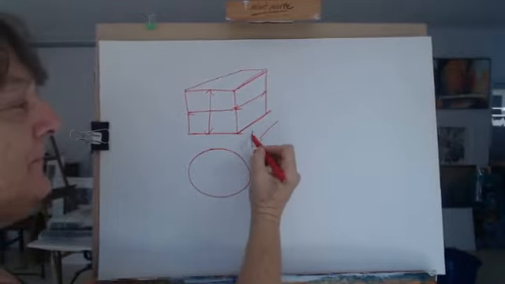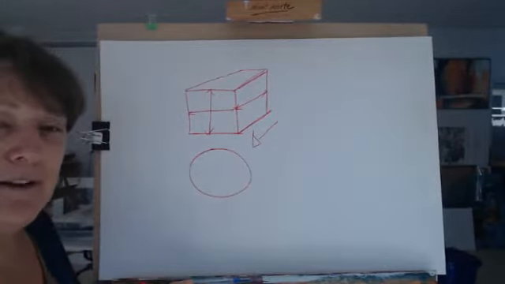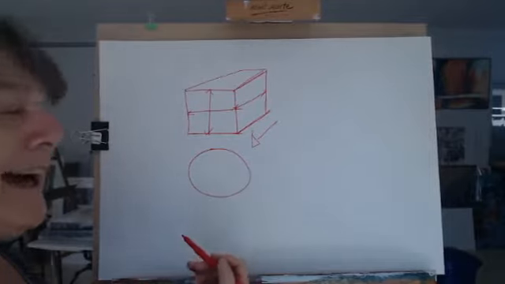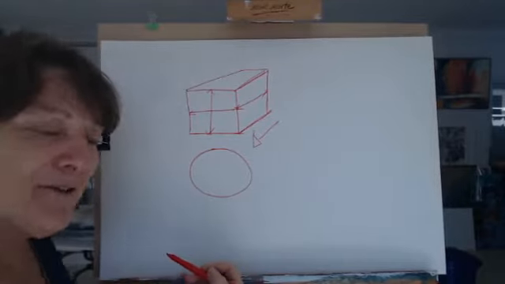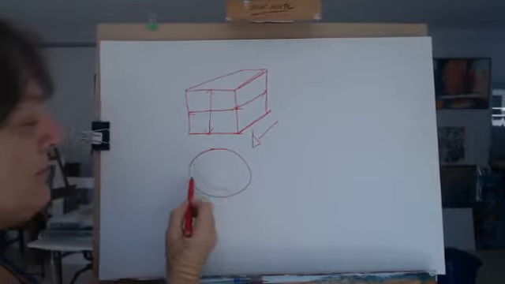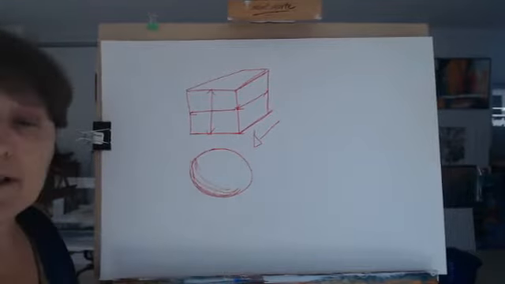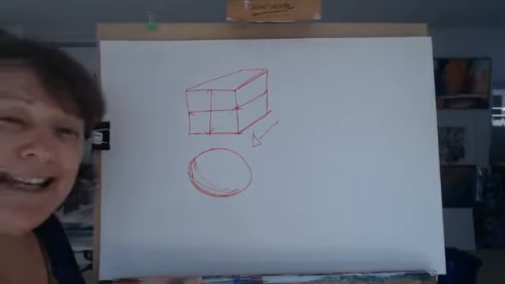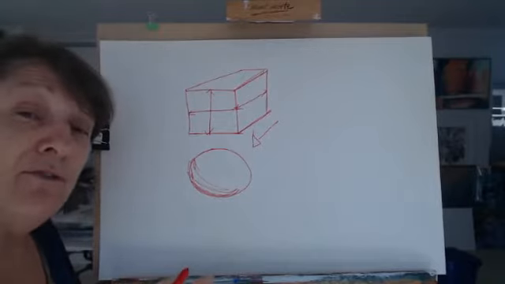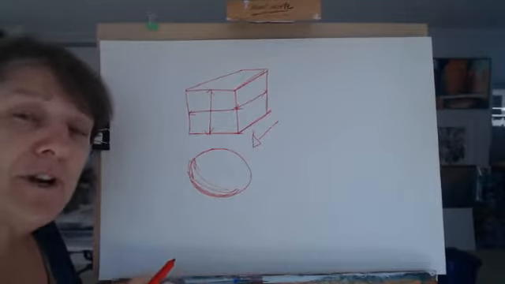If the light is coming from that direction, I always seem to have my light coming from that direction, we put shading on the opposite side, and that begins to give the illusion of form, of 3 dimension.